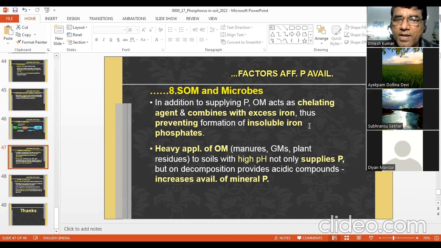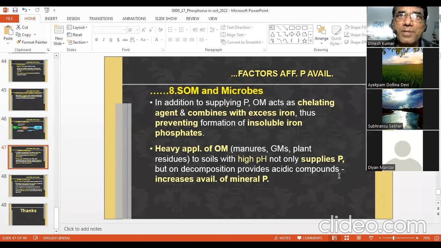Heavy application of organic matter like manures, green manures, plant residue to soil with high pH not only supplies phosphorus, but on decomposition it provides acidic compounds, increasing availability of mineral P. So you can see a very interesting fact of organic matter: it is beneficial for phosphorus availability under acidic condition by chelating the iron or aluminum, and at high pH, basic pH condition, it is reducing the pH and increasing the phosphorus availability.